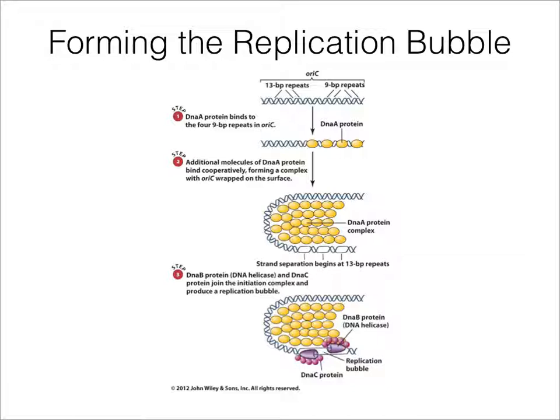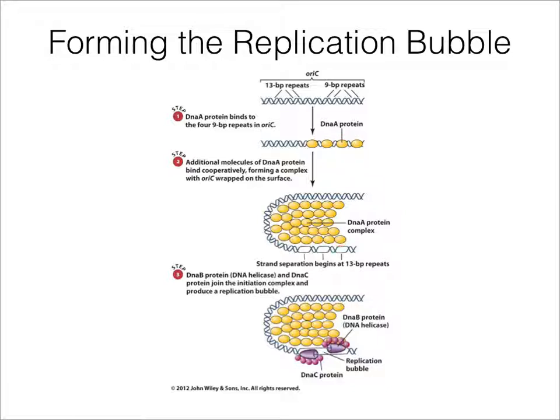What happens is these AT-rich regions here bind a special protein called DNA-A. And so DNA-A starts to build up along those. DNA-A will bind to this AT-rich sequence, and it will also bind to more DNA-A.